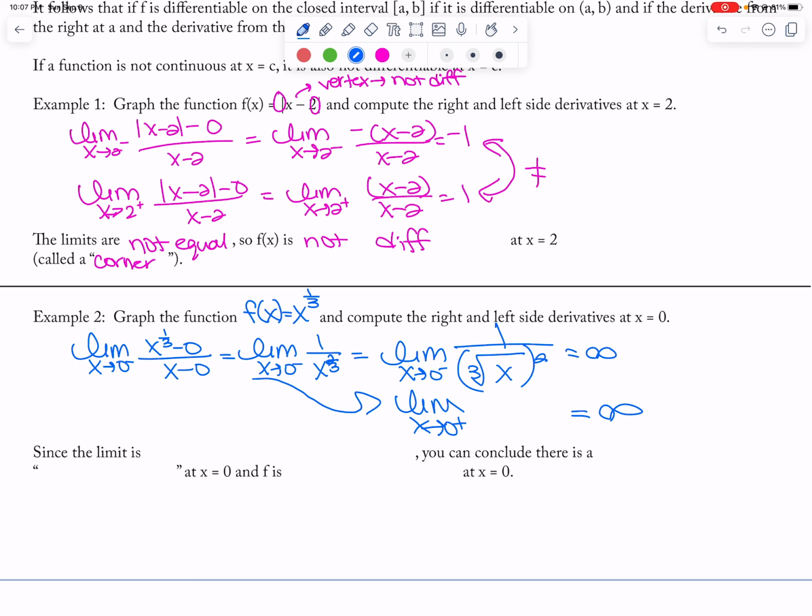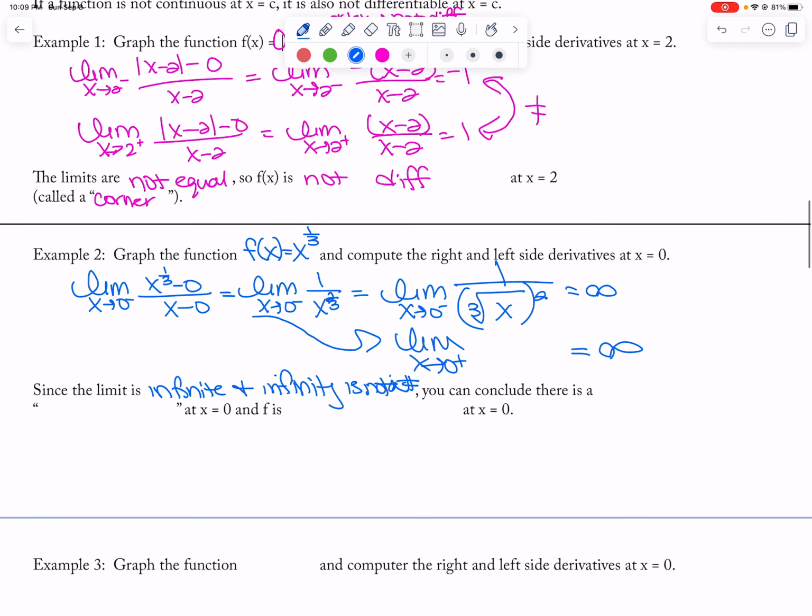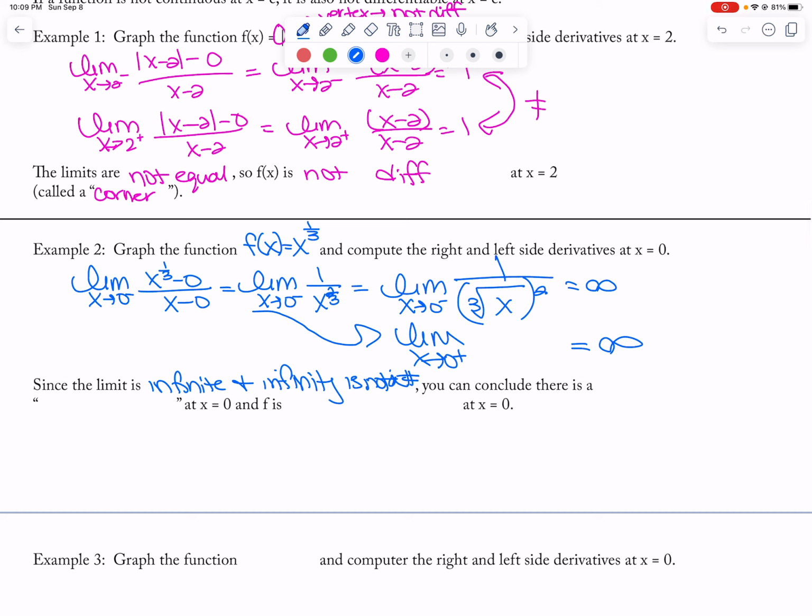But since the limit is infinite, and infinity is not a number, you can conclude that there is a vertical tangent. This guy's a vertical tangent.